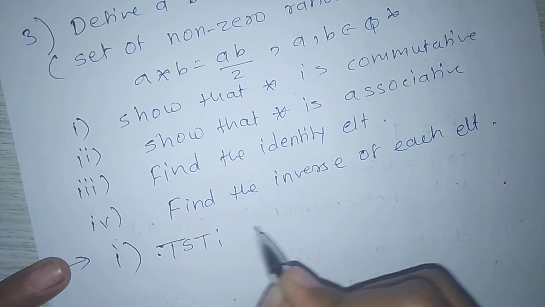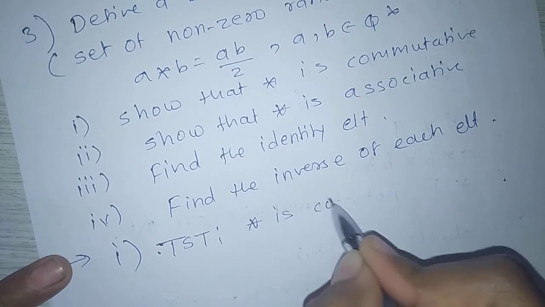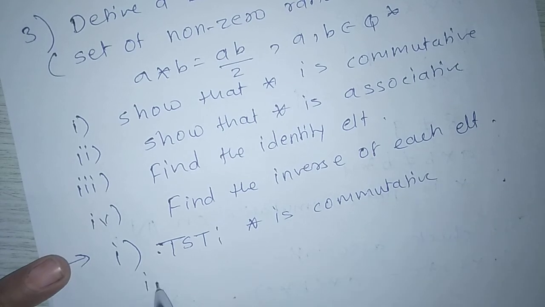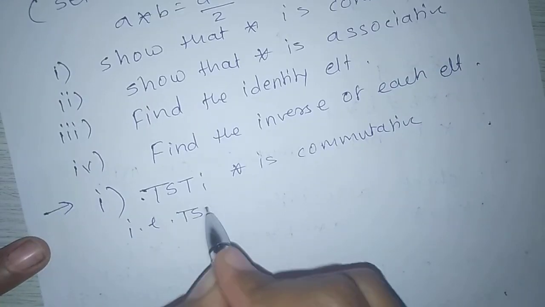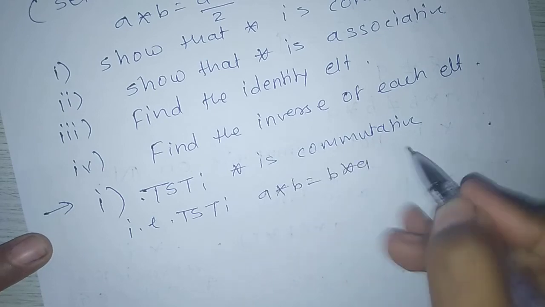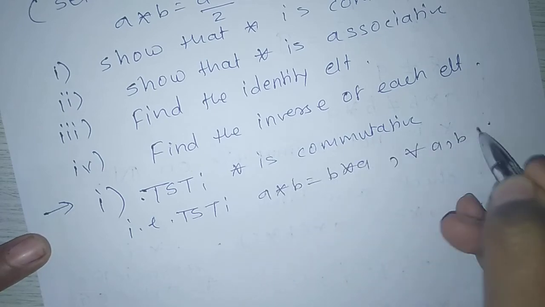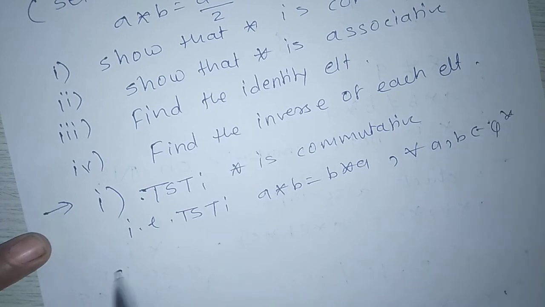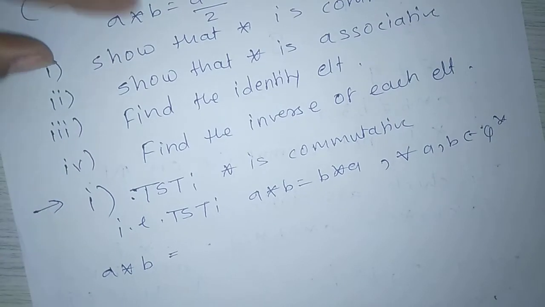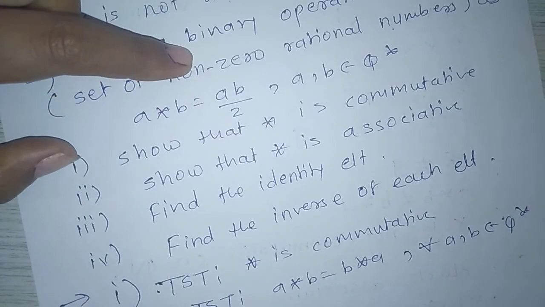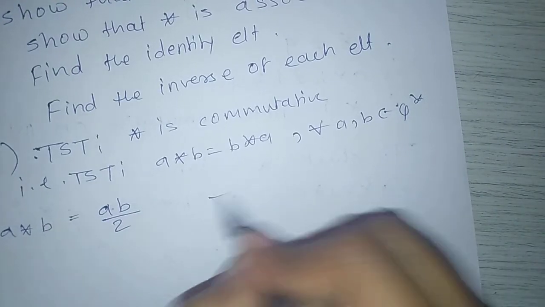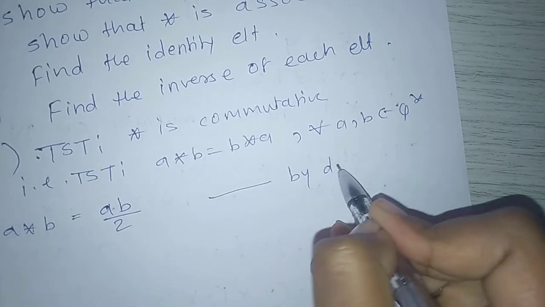First, find A star B. A star B equal to, by definition, AB upon 2.